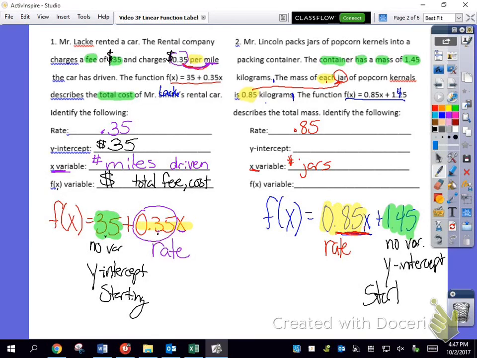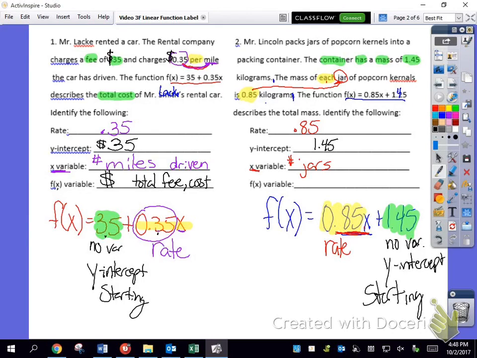So that means before there's any jars, before there's any popcorn kernels in there, my empty box weighs 1.4500 kilograms. That's the box that I'm packing the jars in. So the one that doesn't have a variable, that's my y-intercept, my starting point. So I'm going to start at 1.4500.